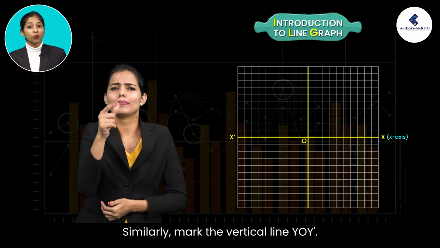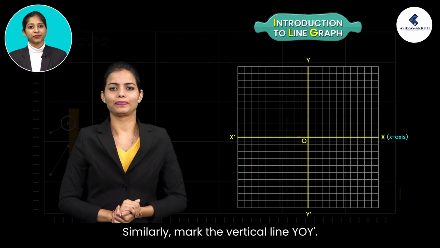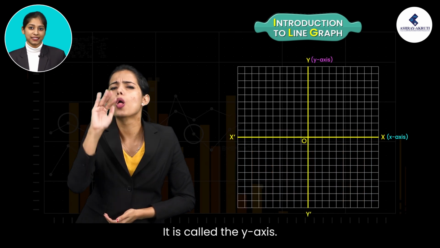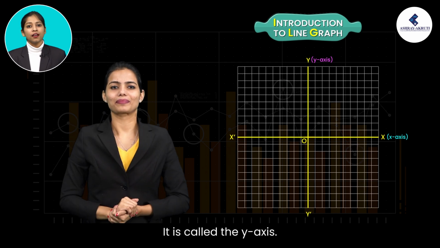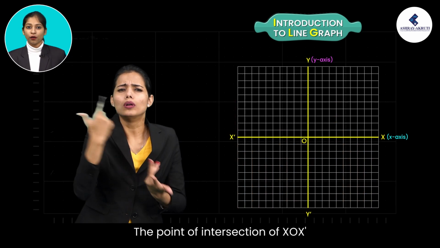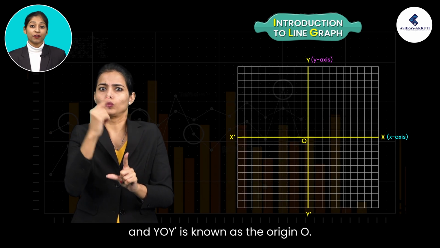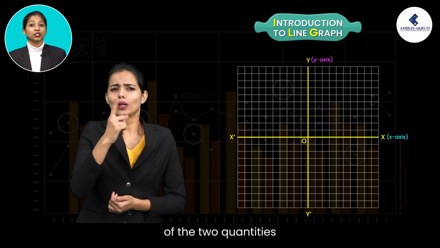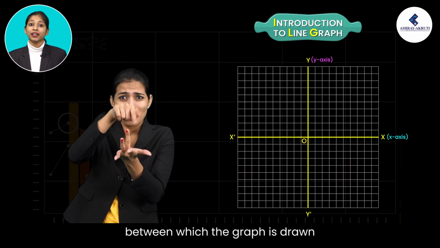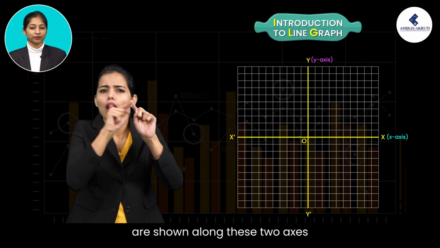Similarly, mark the vertical line Y'OY. It is called the y-axis. The point of intersection of X'OX and Y'OY is known as the origin O. The two quantities between which the graph is drawn are shown along these two axes.